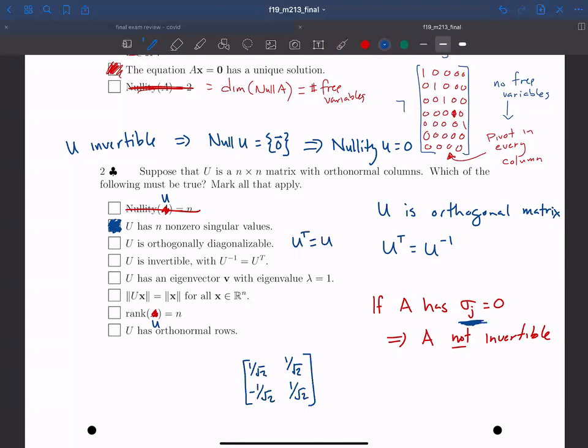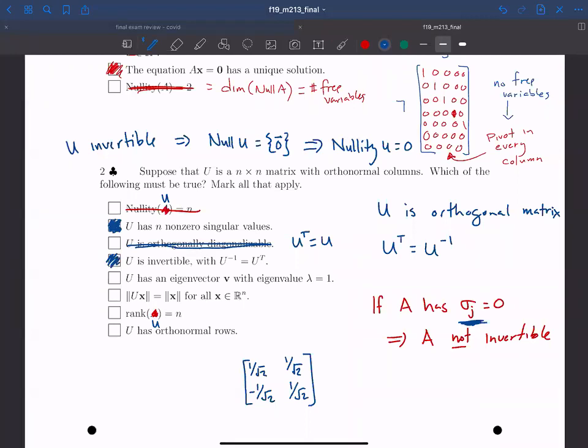So this option would be false. What about option 4? U is invertible with U inverse equals U transpose. Yes. That's what we observed here, right? U is an invertible matrix with U inverse equals U transpose. That's kind of an easy one.